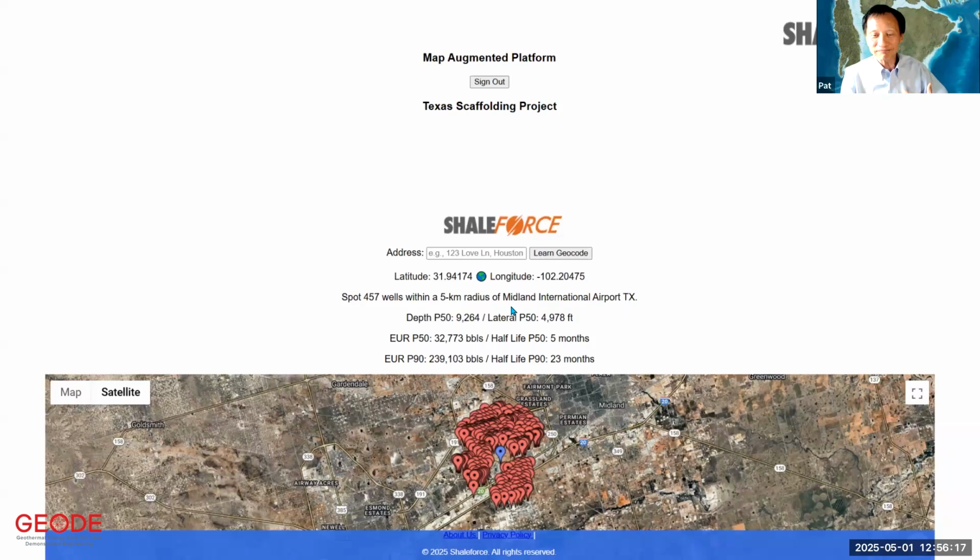It will come back with, say, within the 5-kilometer radius or 3 miles, all these wells, what is the P50 of the depth and the lateral length, and then the EUR of the wells. In fact, I also want to get a P90, just to get an idea. So if you're down here, your wells hitting this, great, it's money making.